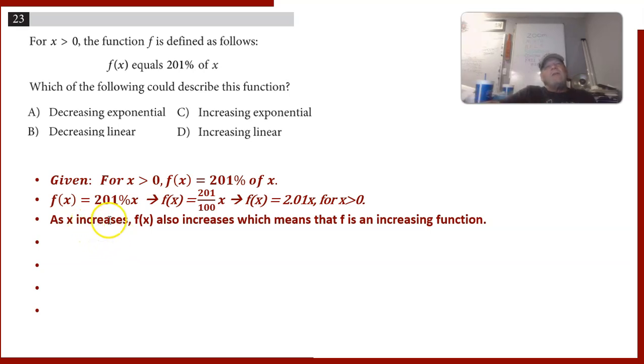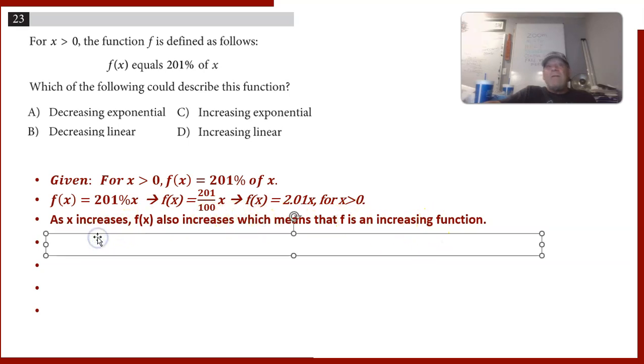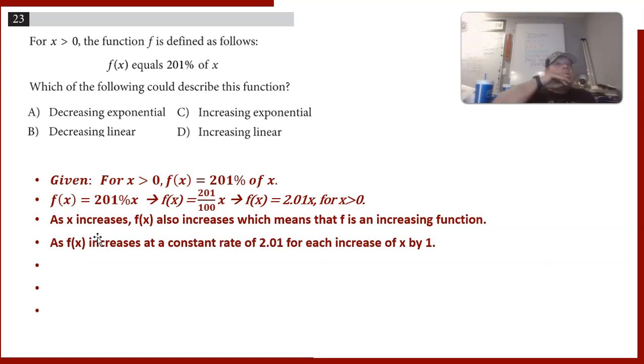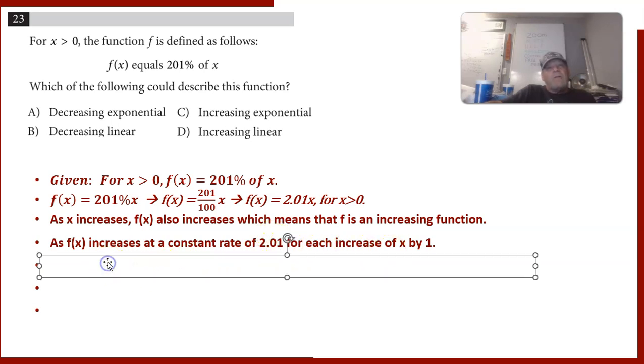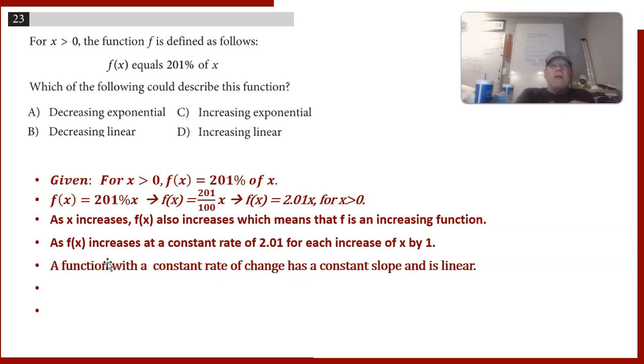So as x increases, f of x also increases, which means that f is called an increasing function. So as f of x increases at a constant rate of 2.01 for each increase of x by 1, it means that it has a constant rate of change.